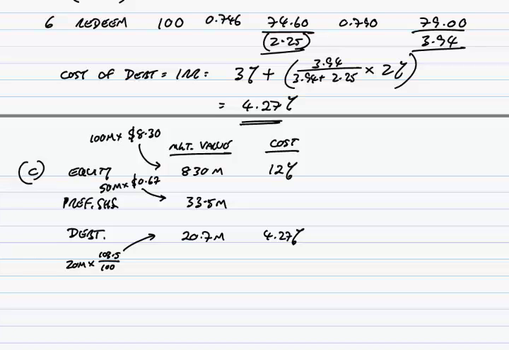However, we do need, obviously, the cost of the preference shares. The cost of the preference shares is the ordinary formula, D0 (1 plus g) over P0, except with preference shares, there's no growth. So with no growth, it becomes D0 over P0. What's the dividend? Preference shares, where are we?